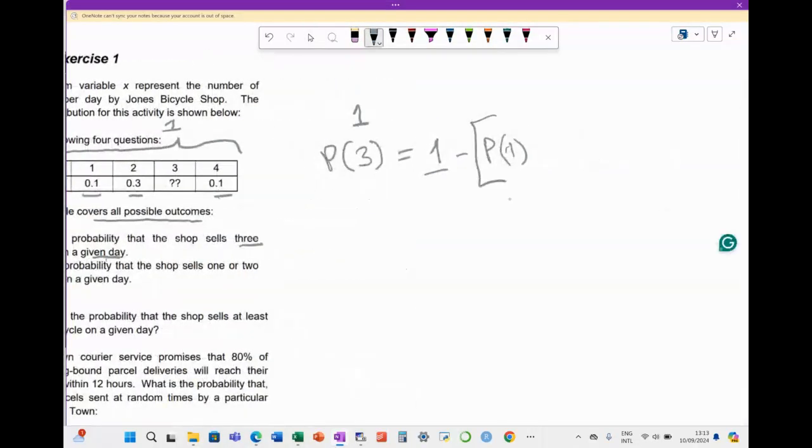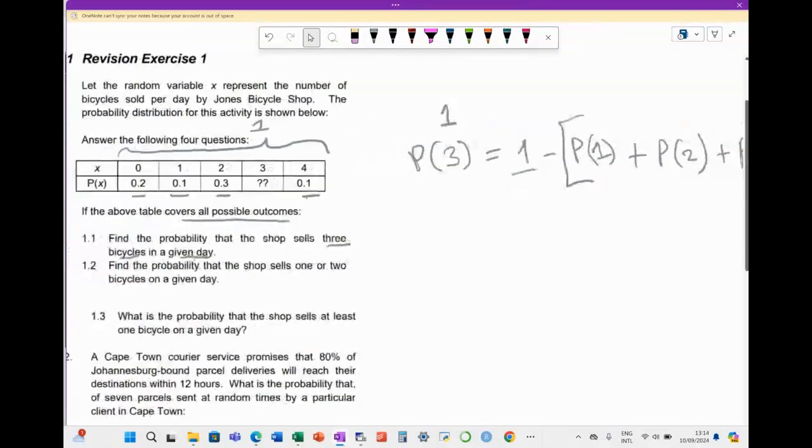Let me do this, maybe this will be easier. Probability of 1 plus probability of 2 plus the probability of 4. That will give you the probability of 1. Is it making sense? They've given us this, so now it's just about inserting the values.